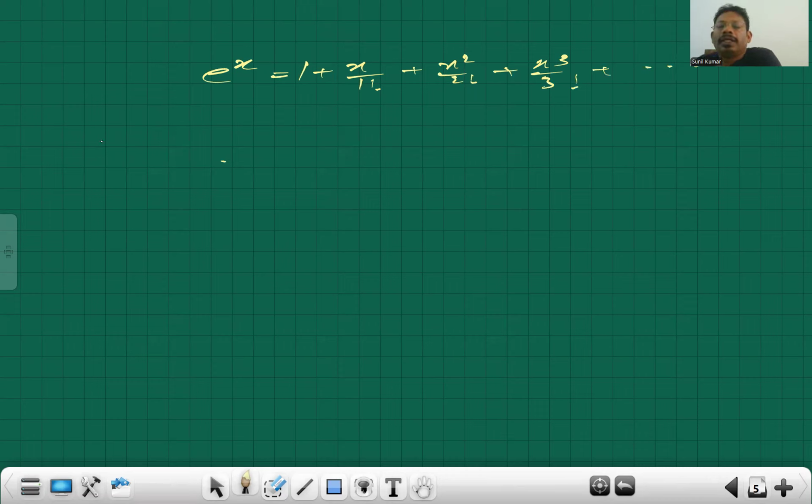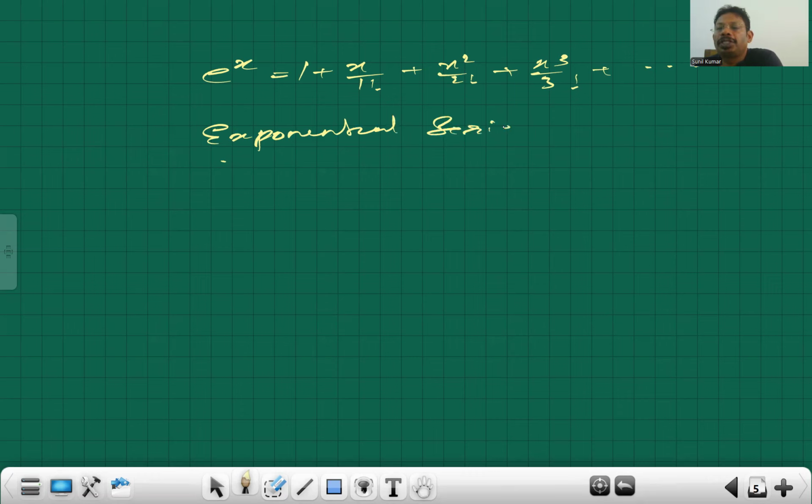One of them is e raised to x, whose expansion form is 1 plus x by 1 factorial, plus x square by 2 factorial, plus x cubed by 3 factorial. This way we can write e raised to x. This is called the exponential series.